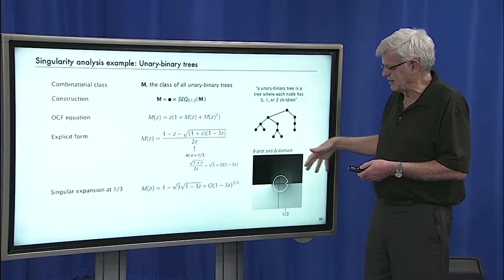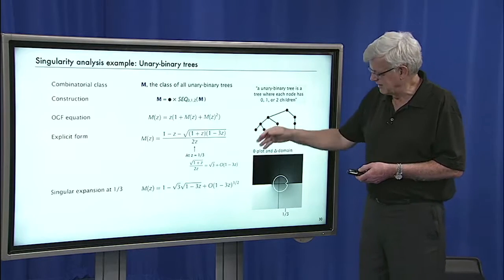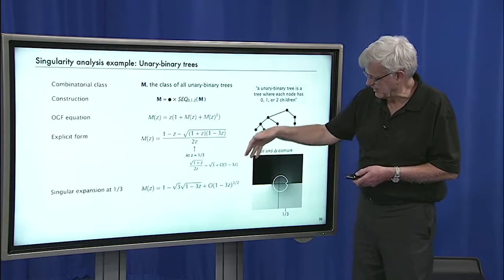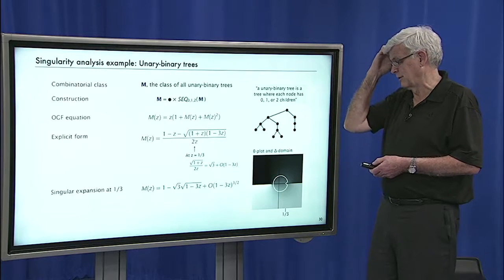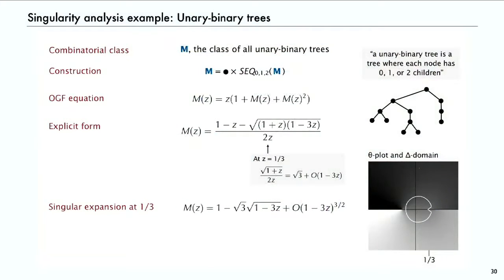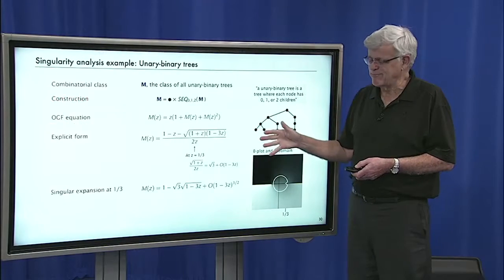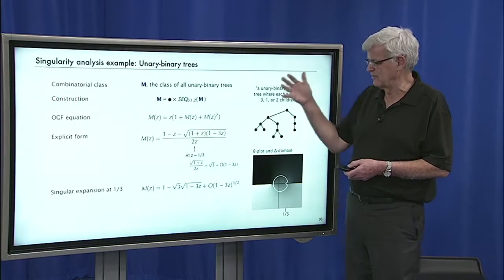So we have an asymptotic expansion in terms of (1 minus 3z) to the 1/2, 3/2, 5/2, 7/2, and so forth. All by the fact that this part is analytic, and we can expand it in powers of 1 minus 3z. Then we multiply by the square root of 1 minus 3z, and we have terms in half powers. But those half powers are the standard function scale.